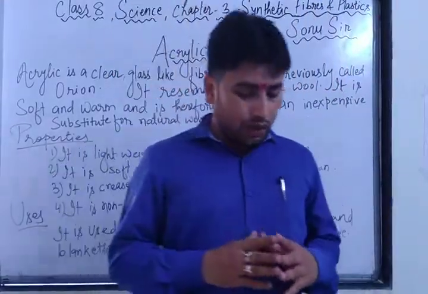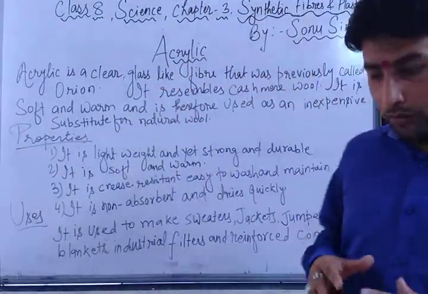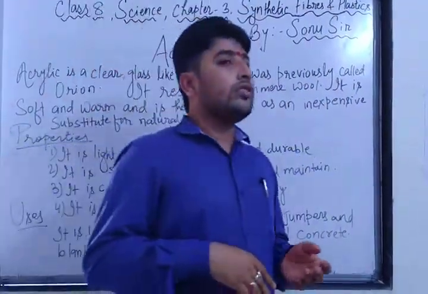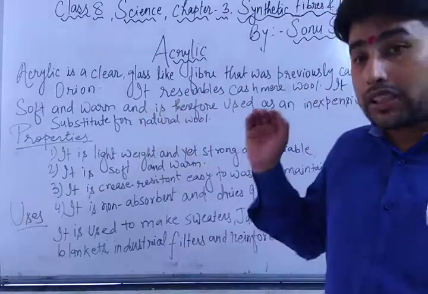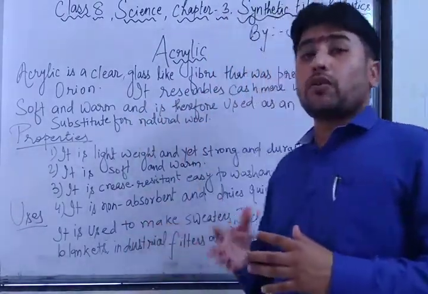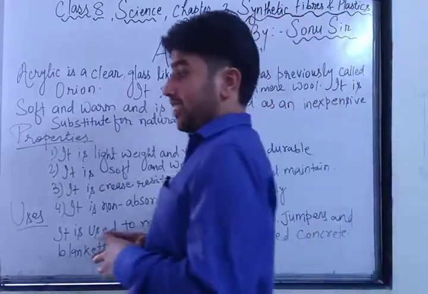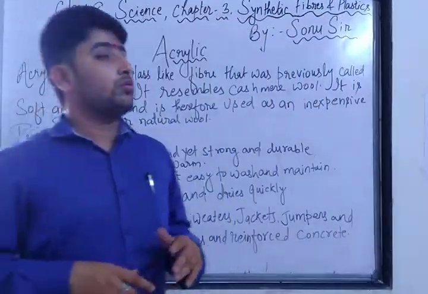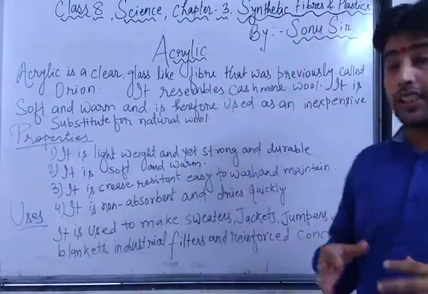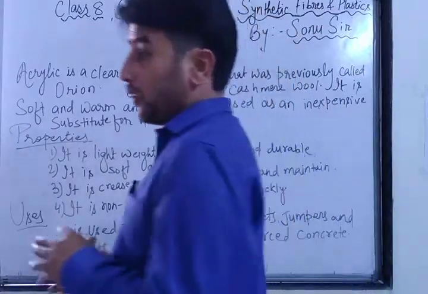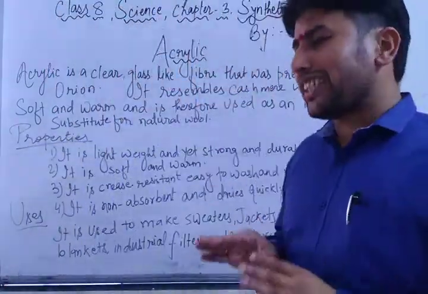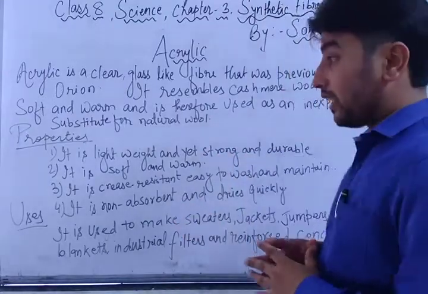Remember, dear students, whenever you are studying anything, keep the meaning of words like substitute and resembles in your mind. Natural things are very expensive. If you take a natural silk, it may be very expensive, but artificial silk is not that expensive compared to natural silk.